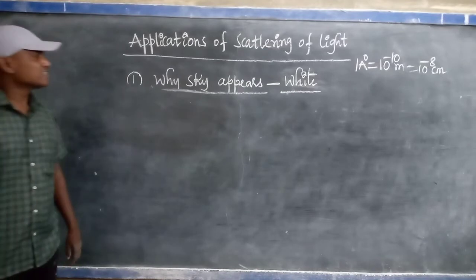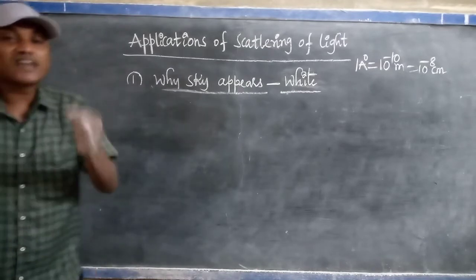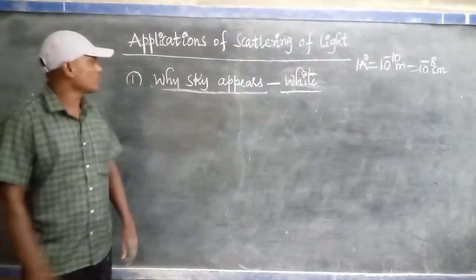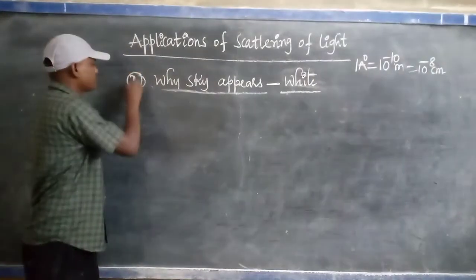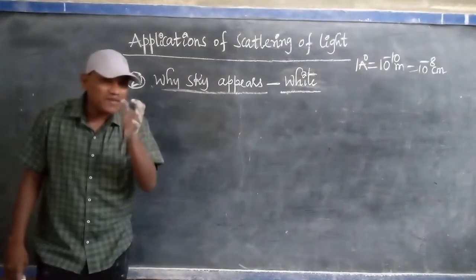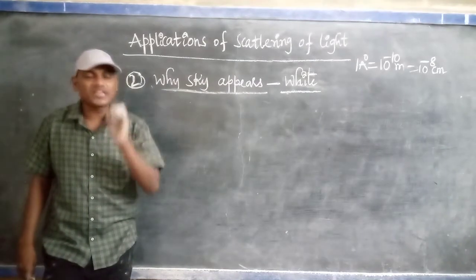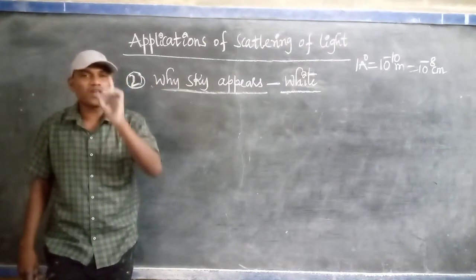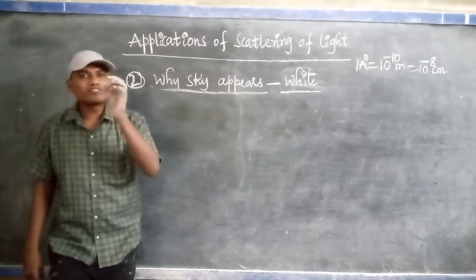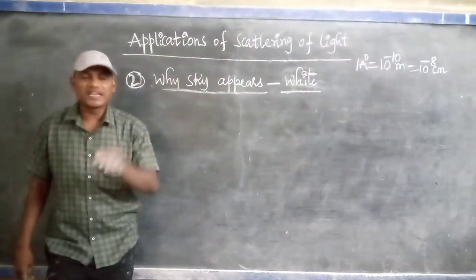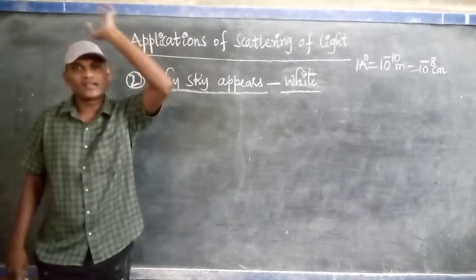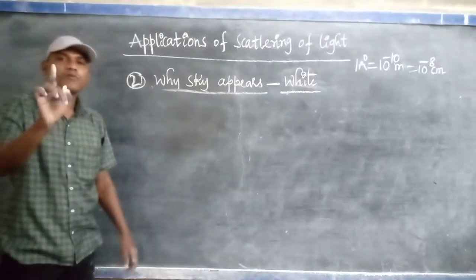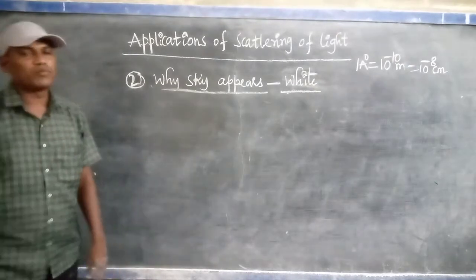Next, why does the sky appear white at afternoon or noon time? Listen very carefully, one more application. Noon is nothing but afternoon. At noon time, when the sun is exactly over our head, the sky appears white in color, not blue.